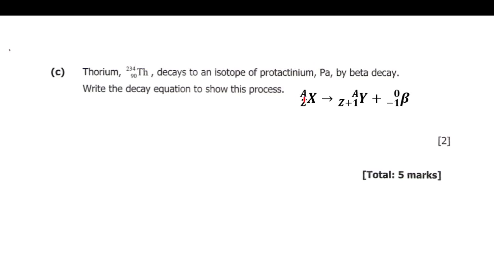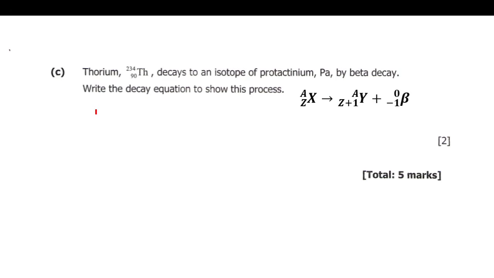But we are told the atomic number or proton number of the new atom should increase by 1. Meaning that if you have 90 here, you say 90 plus 1, which will be 91. That is how the decay equation for beta particle is going to be.